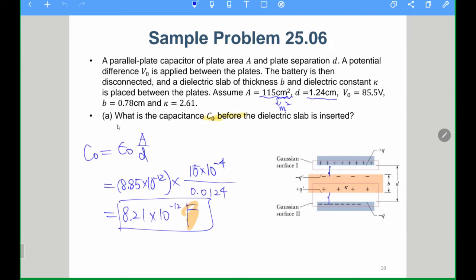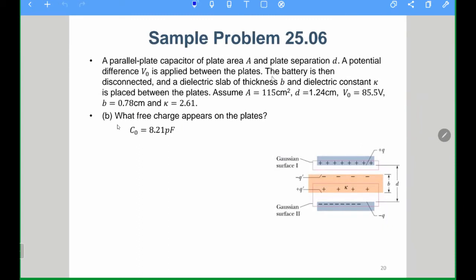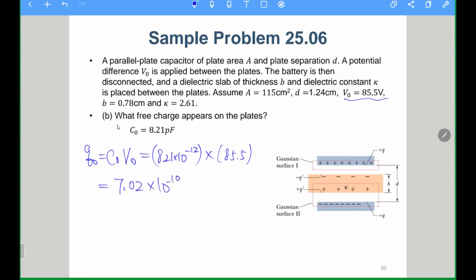And then for the next one, what free charges appear on the plate? For this case, it is still before the slab is inserted. So here we have Q0 equals C0 times V0. We just plug in the number, 8.21 times 10 to the minus 12, times V0, which is 85.5. So this is nothing but 7.02 times 10 to the negative 10 power coulomb.